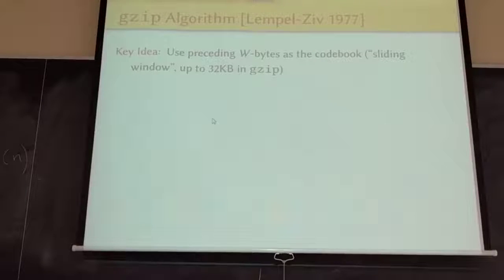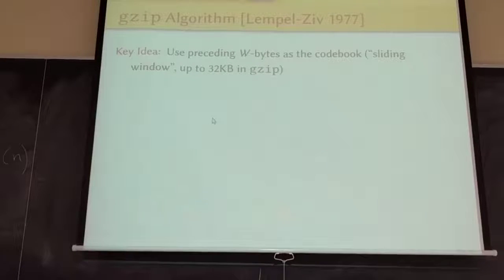There is a series of algorithms with somewhat different techniques, but gzip implements this particular algorithm developed by Lempel and Ziv, and it has this nice idea that the sender doesn't have to compute a code book and send it over to the receiver, but instead sender and receiver will both use the same algorithm for constructing a code book on the fly, and because they do exactly the same thing, they will end up with the same code book, so that way the code book doesn't have to be transmitted.